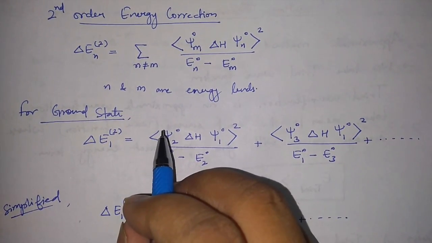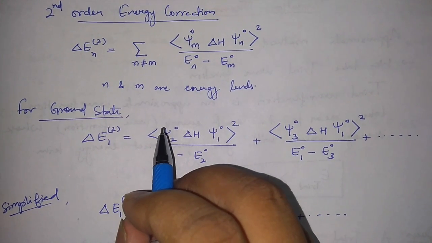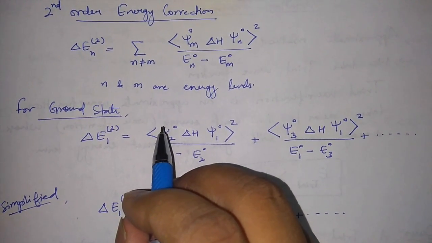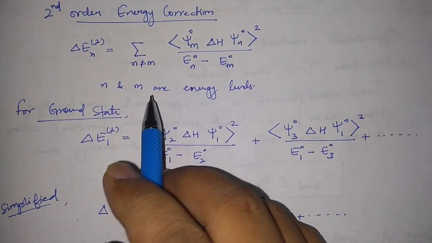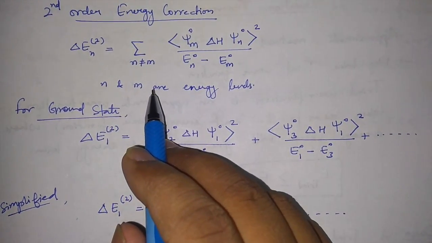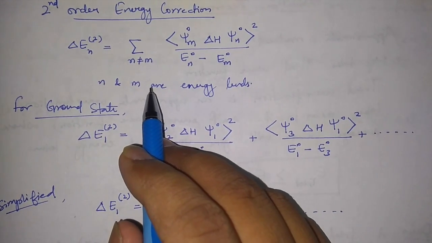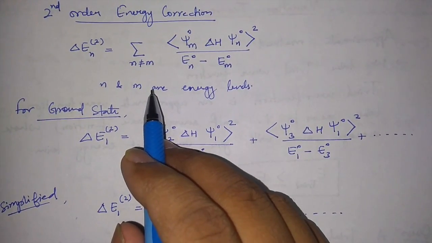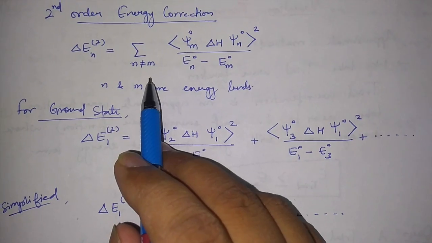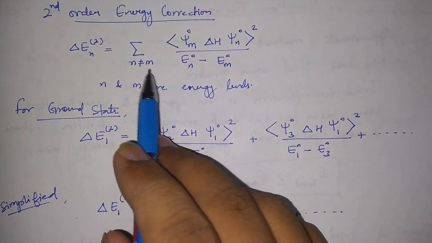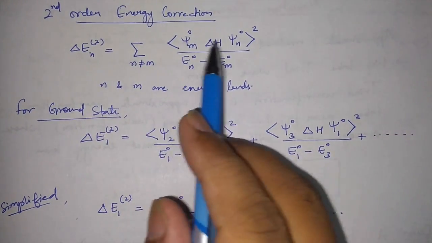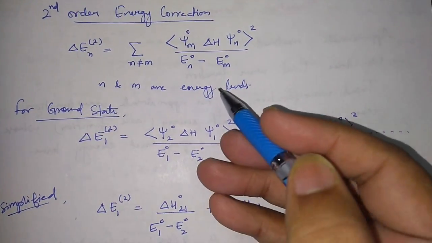You might have seen in the last problem I solved a little bit of calculus for the first order energy correction, but in the second order you don't have to solve that. The questions won't be asked in that way, and it is quite a bit easier, especially for those who are not from a mathematics background. Why? Because here you just have to be very careful with the terms, and you don't have to do a lot of maths, okay?